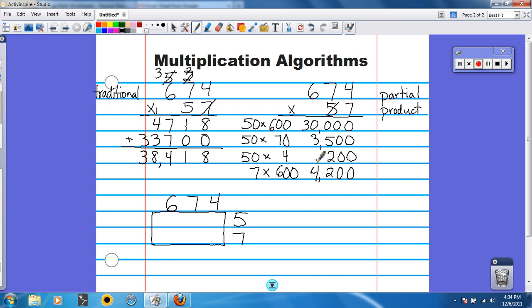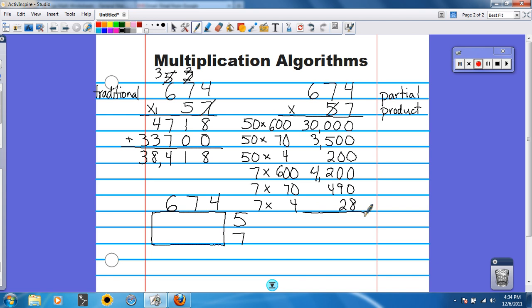So when I add, I won't be confused. Then I go back, 7 times the tens place would be 7 times 70, which is 490. And I finish with 7 times the ones place, 7 times 4, which is 28.